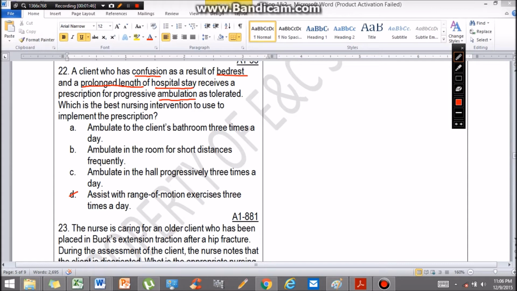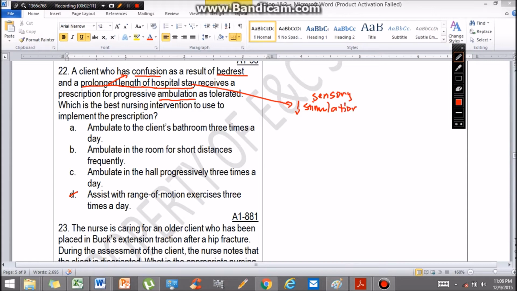And going back to the situation, you might ask yourself, what is the relationship of prolonged length of hospital stay to confusion? The answer here is, remember that in the hospital, if you have a prolonged hospital stay, there is decreased stimulation, or we call this decreased sensory stimulation.